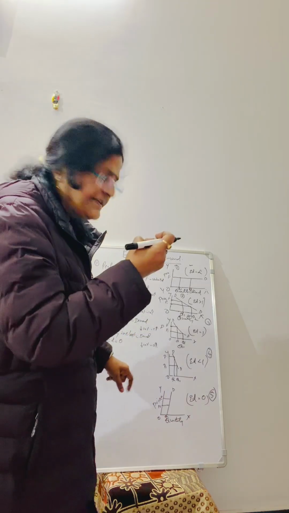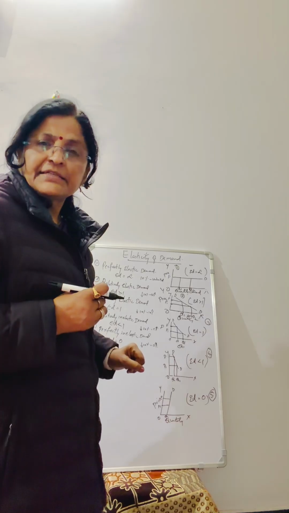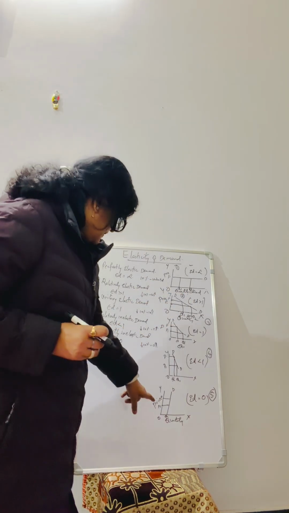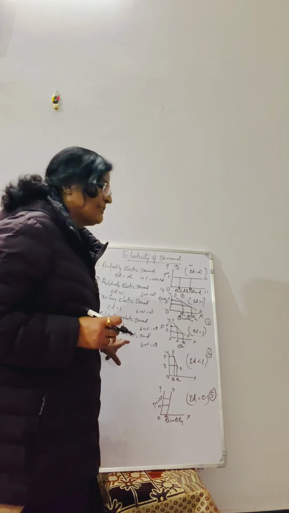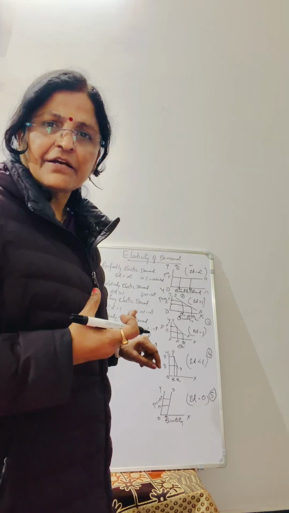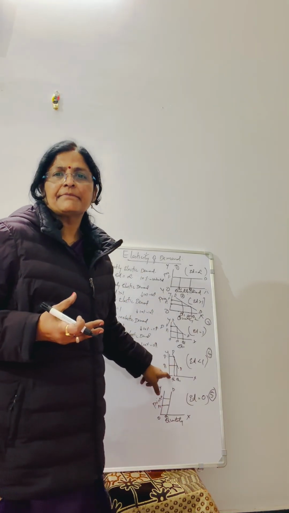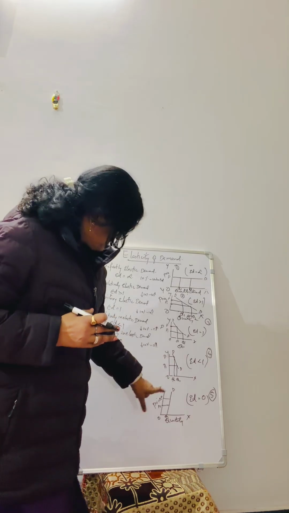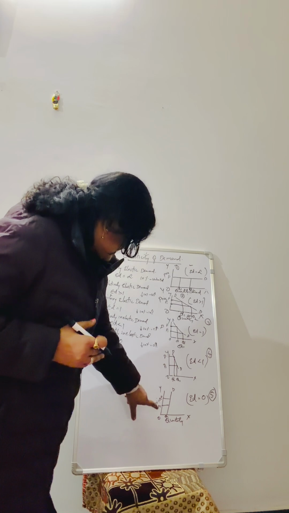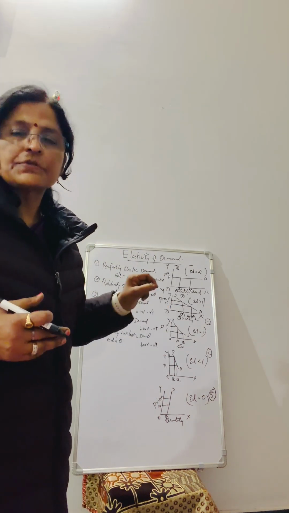Any decrease in the price of the commodity doesn't lead to an increase in the quantity demanded. It doesn't affect the demand. So it is called ED is equal to 0. Whatever the increase or decrease in the price of the commodity may be, the quantity demanded remains the same. So it is vertical to the OX axis. So this can be seen here as ED is equal to 0.